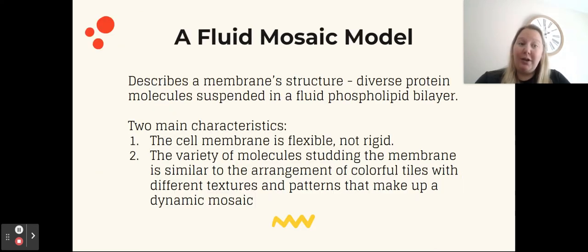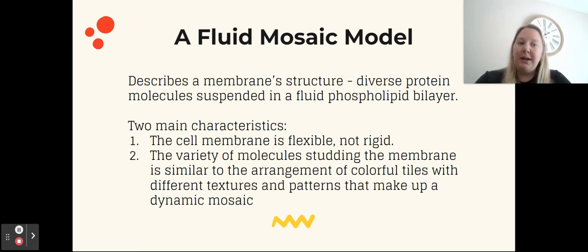The membrane is described as a fluid mosaic model. It describes the structure as diverse protein molecules that are suspended within a fluid phospholipid bilayer. And there are two main characteristics of this that we can break down, fluid and mosaic. The first is fluid.